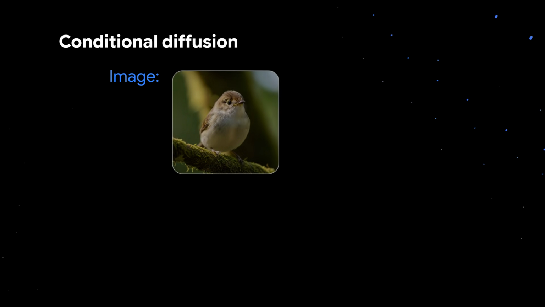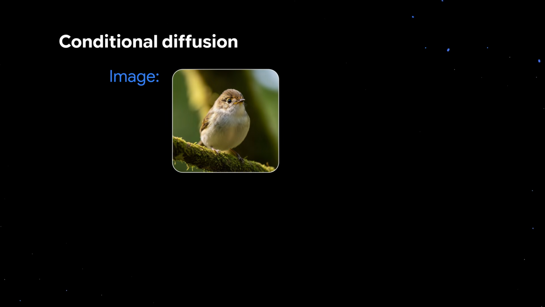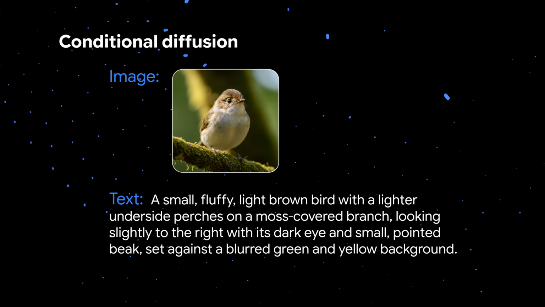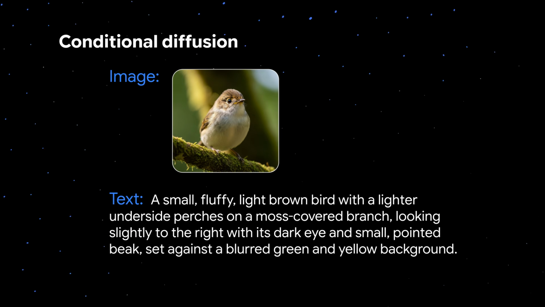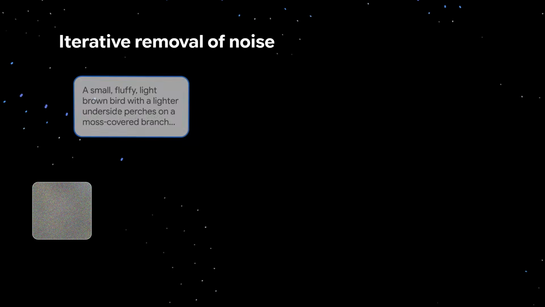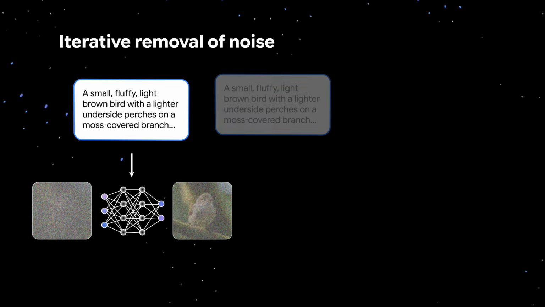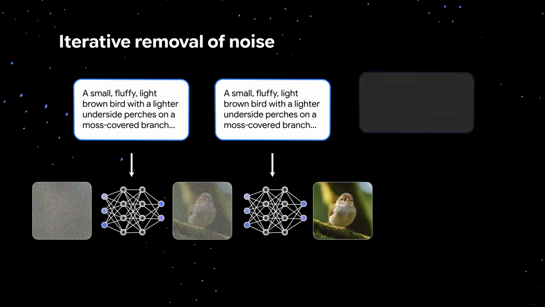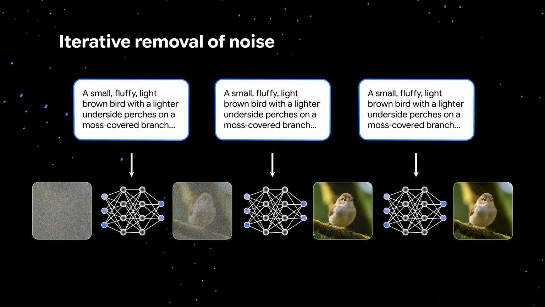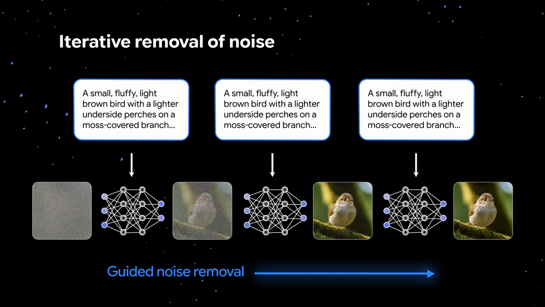If we want to guide the model to produce a certain type of image, then during the training process, we don't just pass in an image. We also pass in a corresponding text description. We embed the text, and the model learns how the words in a prompt correspond to different features in an image. In this way, we can guide what type of image the model produces from the noise.